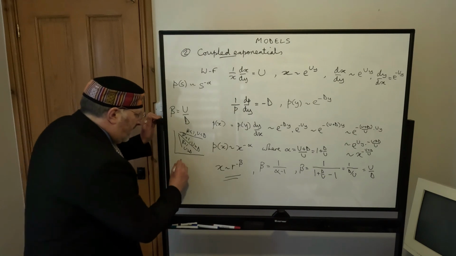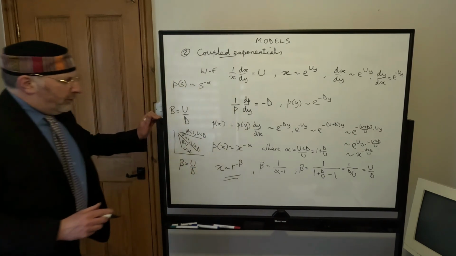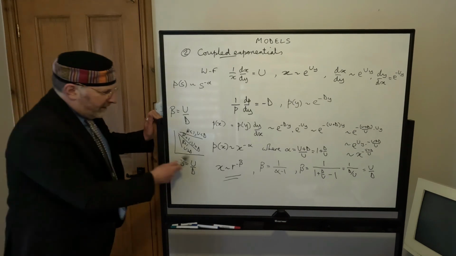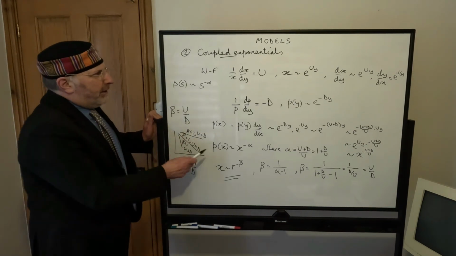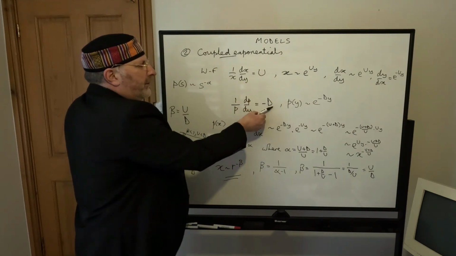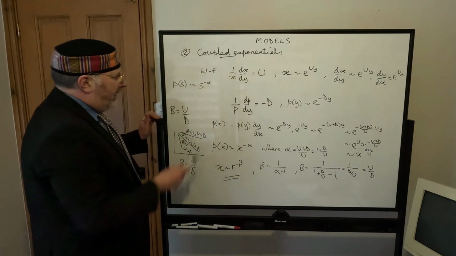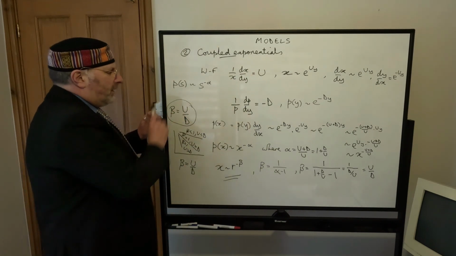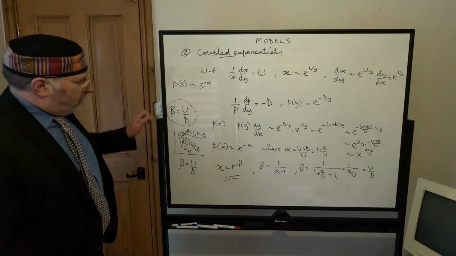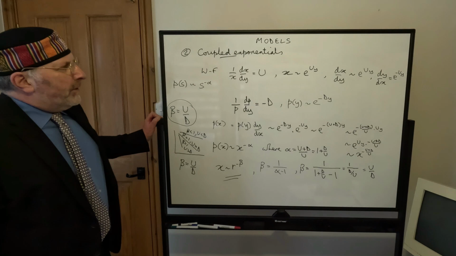And we suggested that that would all make sense if beta equals u over d. And now we've seen that if we have these constants and call them the unification and the diversification constants in this kind of relationship, then indeed it generates that beta equals unification over diversification. Beta equals u over d.